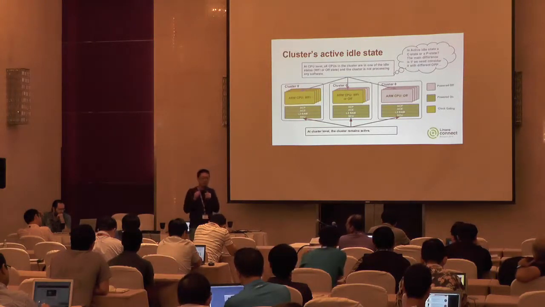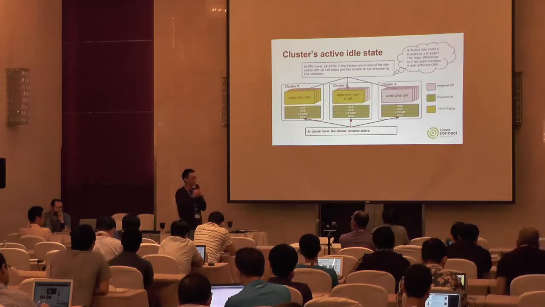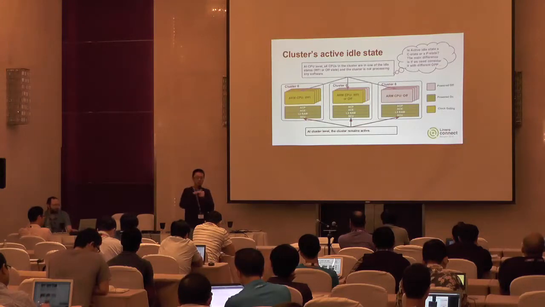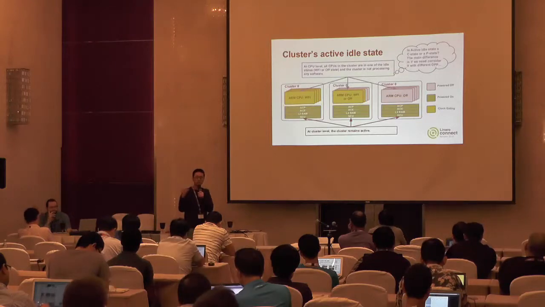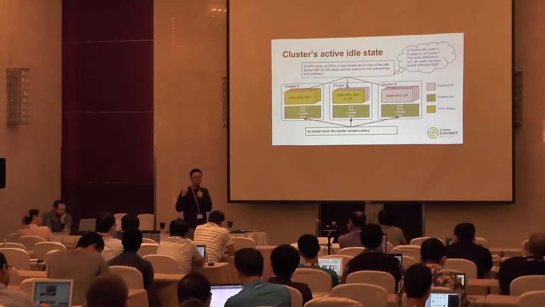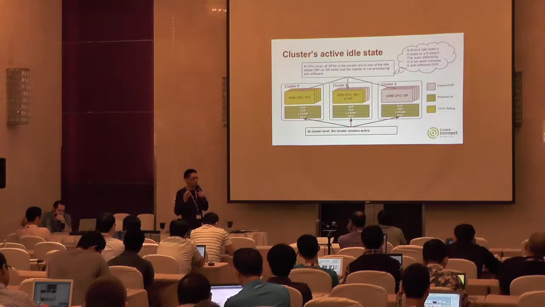So here is one state that indicates an active idle state. That means if we think from the cluster level, the cluster has not been powered off. But for the CPU level, if we think there is no software running on these CPUs, maybe all the CPUs have been powered off, or some CPUs have run into the WFI state. So this looks like a mixture power state.